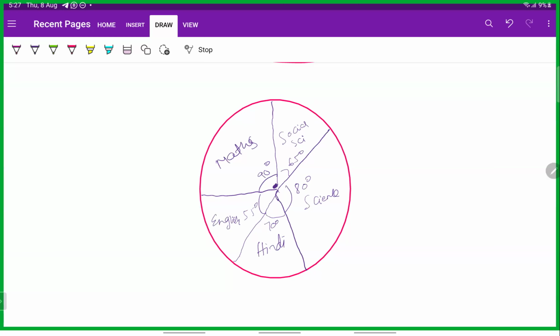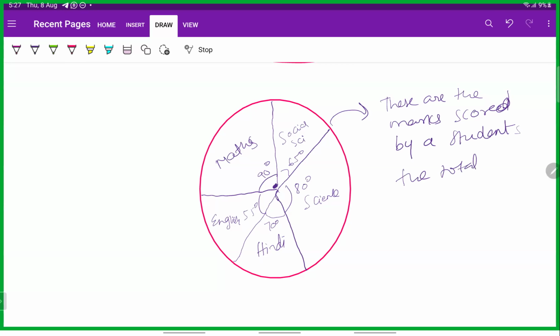Okay. Now the given question is, so these are the marks scored by a student. So the total marks he scored is 540.